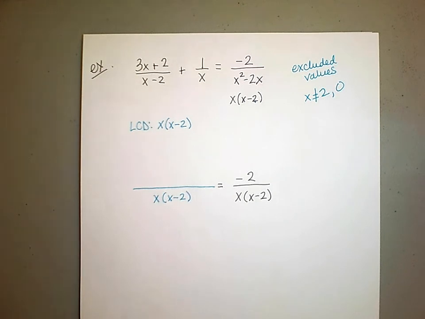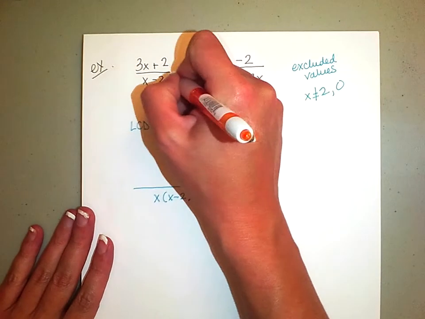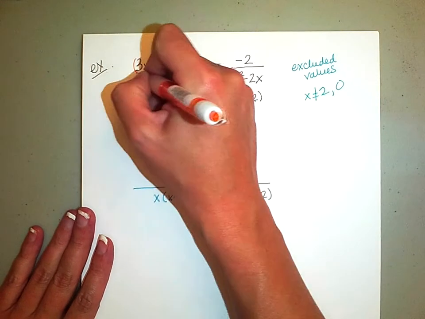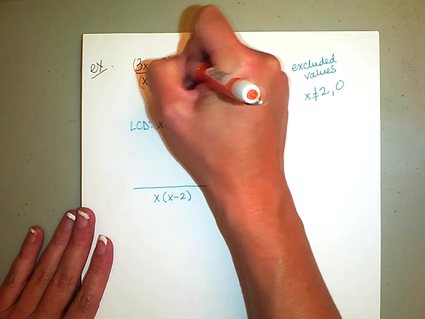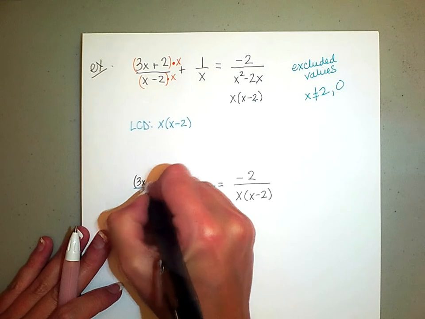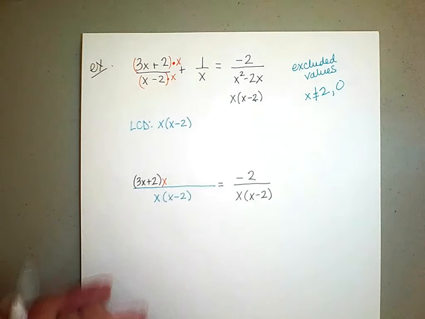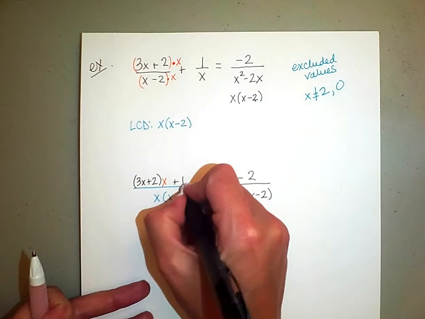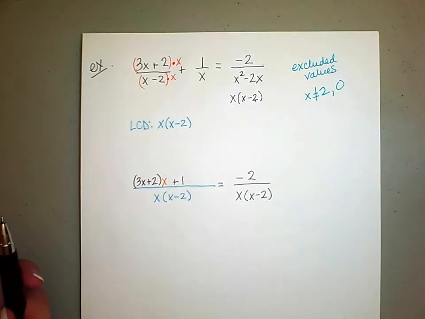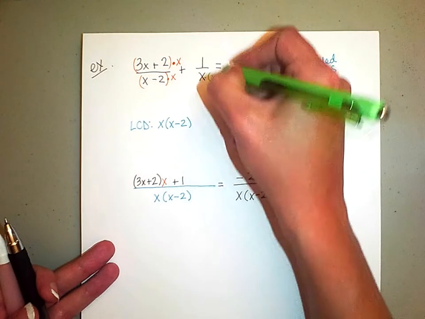So in this case, I already have the x minus 2, so I need to multiply by an x. So we'll have to be careful about this. Using parentheses, that's 3x plus 2 times x, plus 1, times, and here we need an x minus 2.